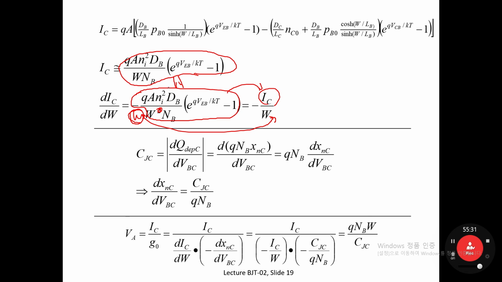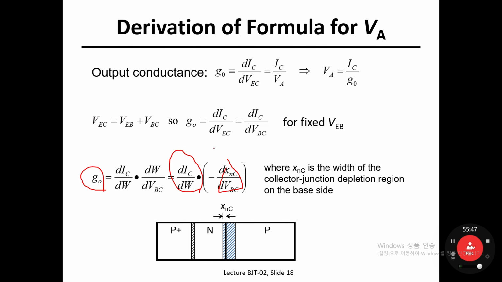So the conclusion is dIC/dW is equal to minus IC over W, and don't forget the minus sign. Okay, so we're done. dIC/dW equals minus IC over W. So plug that value in here.